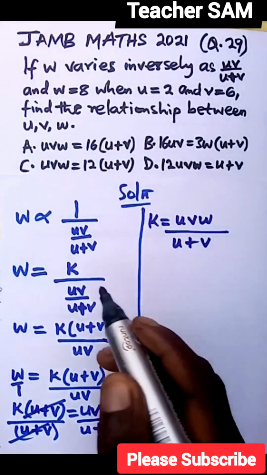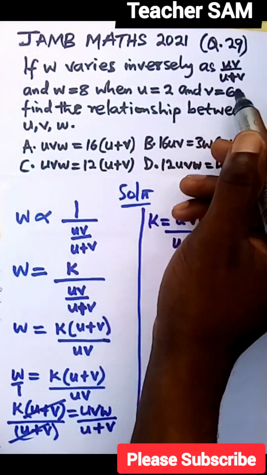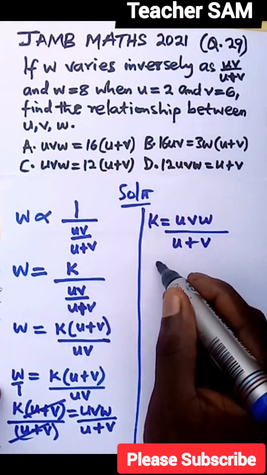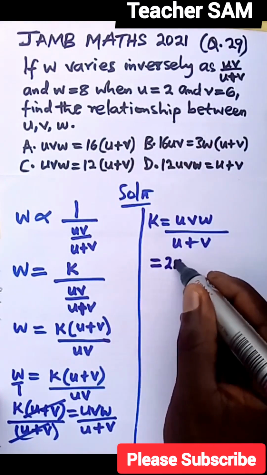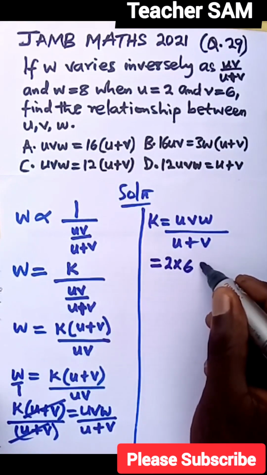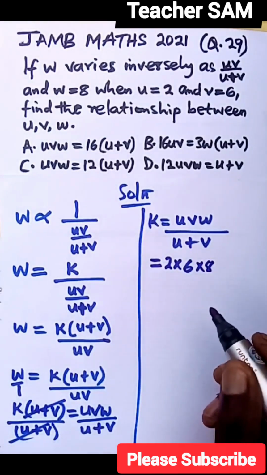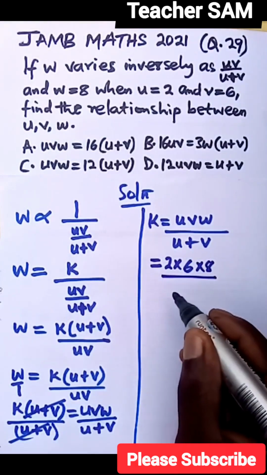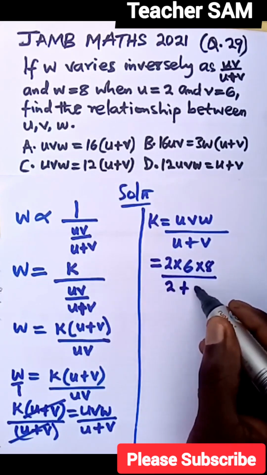Don't forget that we're given that W is 8, U is 2, and V is 6. So let's substitute those values. So this will be equal to our U, which is 2, times our V, which is 6, times our W, which is 8, divided by our U, which is 2, plus our V, which is 6.